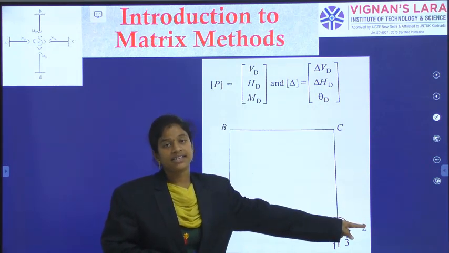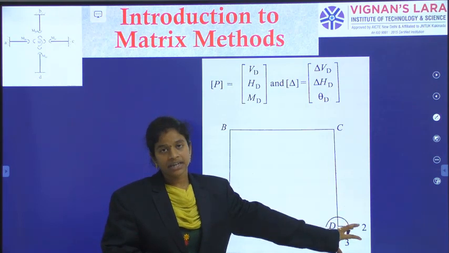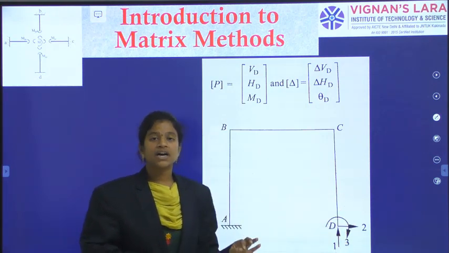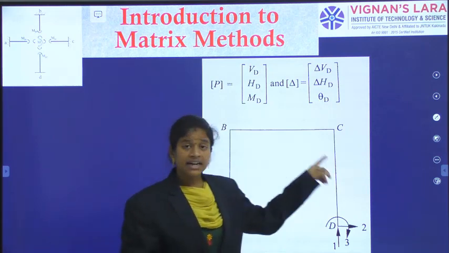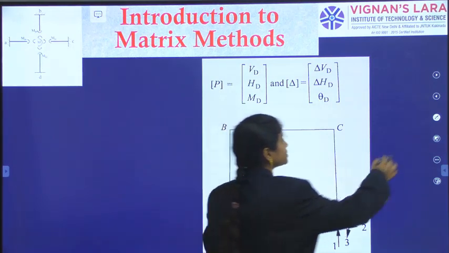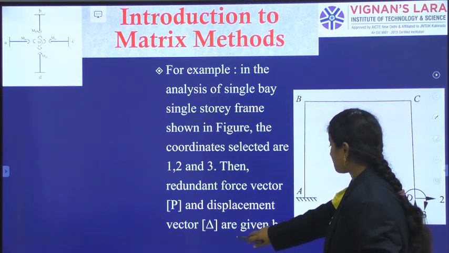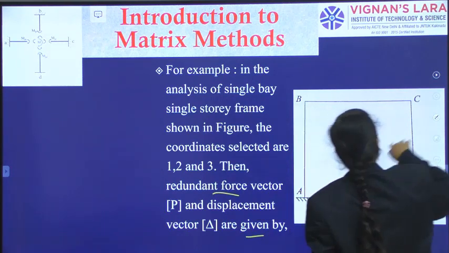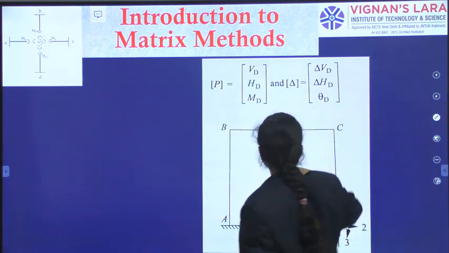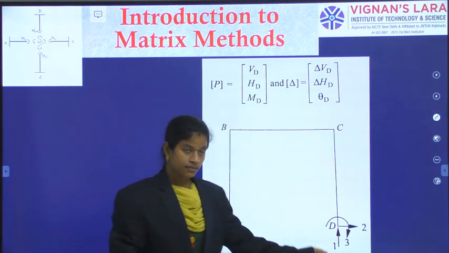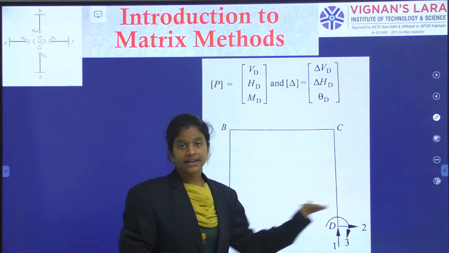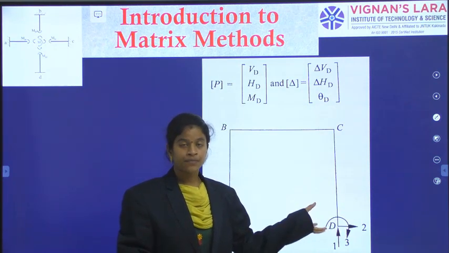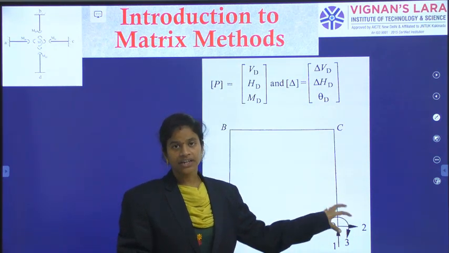Next, the second is HD, and the third is MD, the moment at D. Those are the force vector. Next, the displacement vector: displacement in the VD direction, delta in the HD direction, and theta, rotation, in the MD direction.